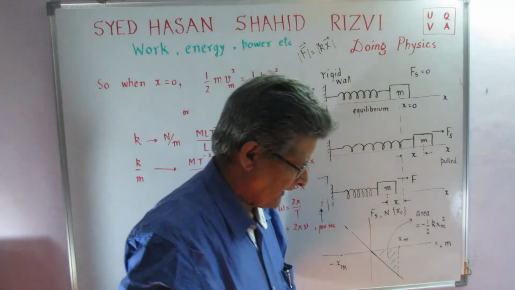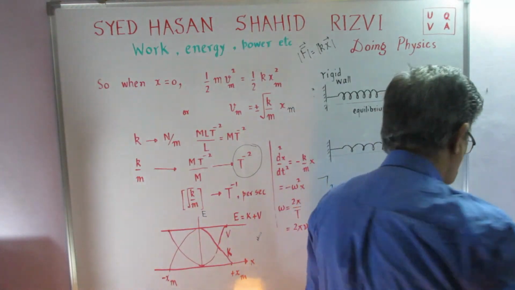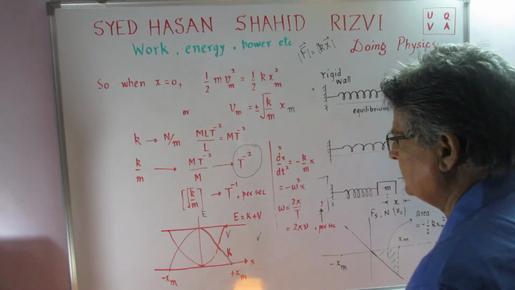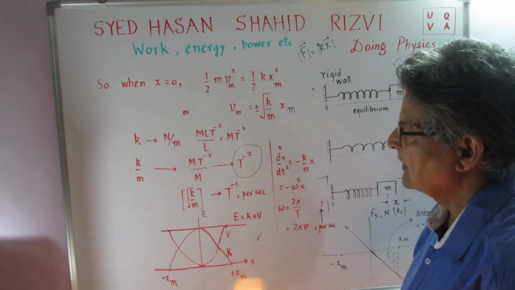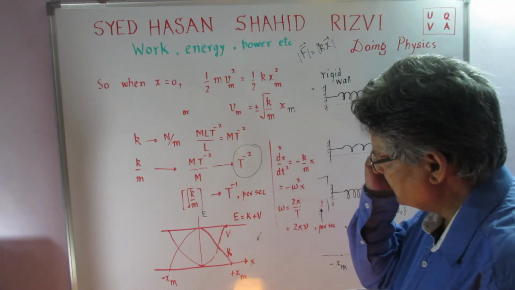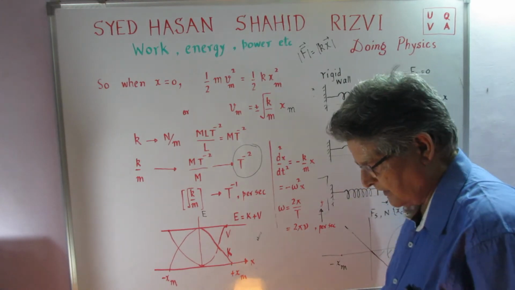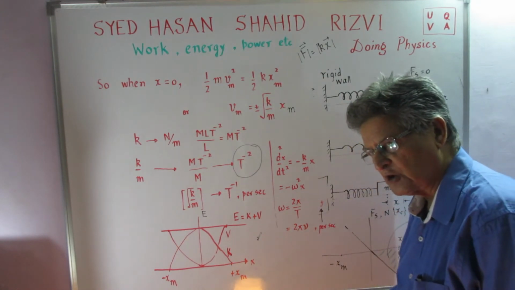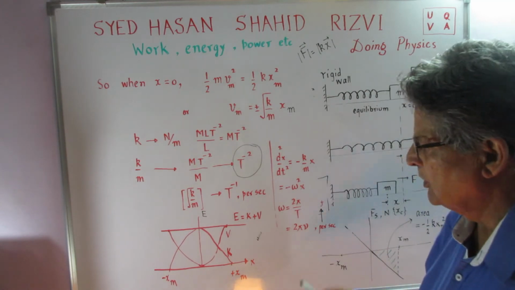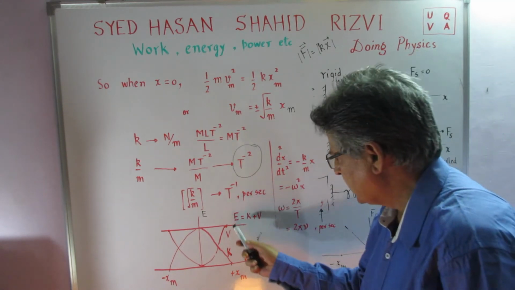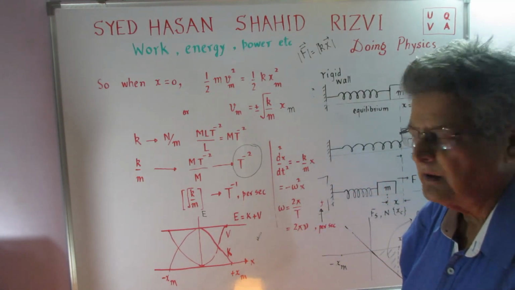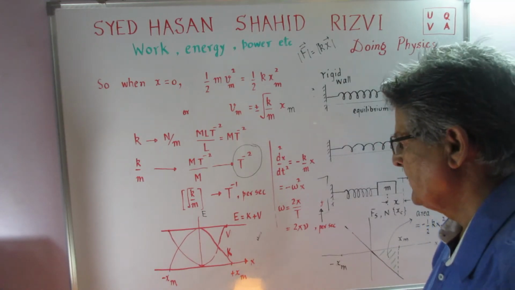There also the force was taken as conservative, and the law of conservation of mechanical energy, which is the sum total of the potential energy and the kinetic energy at any instant of time in the motion of the body, is invariant, it doesn't change. So this is what we have established.